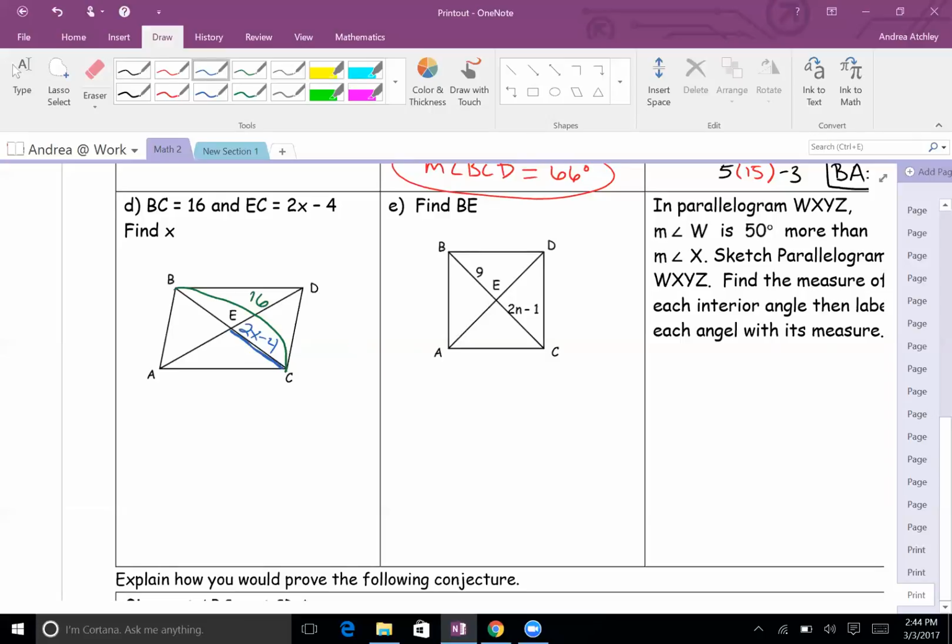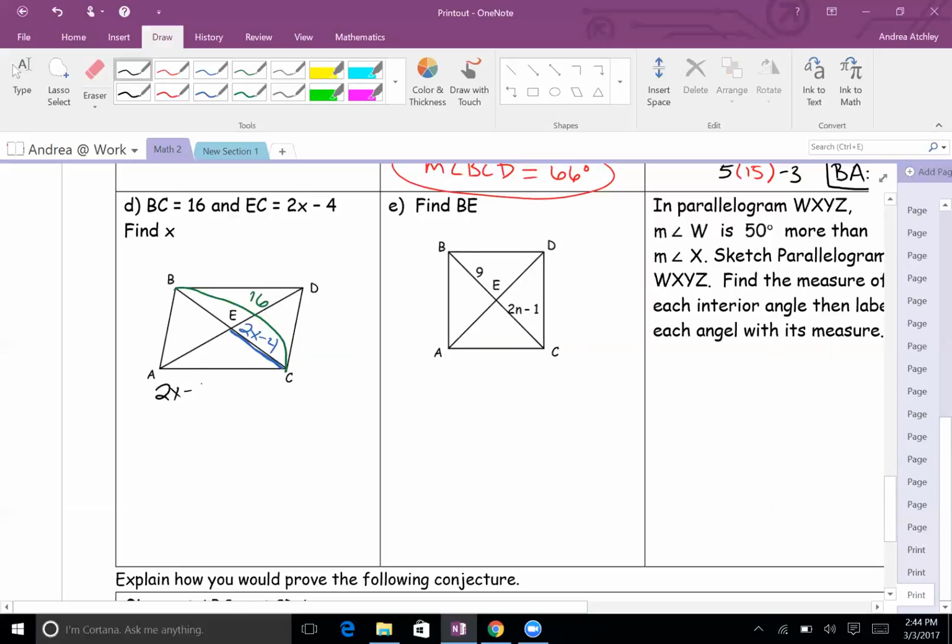Justin, why? Oh, this is all from these three. Yes. Yeah. It's not an angle bisector. It's a segment bisector. Okay. We really need to know the difference between angles and segments.